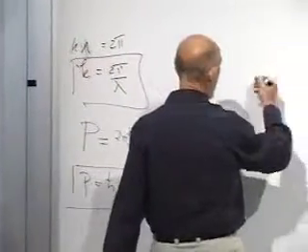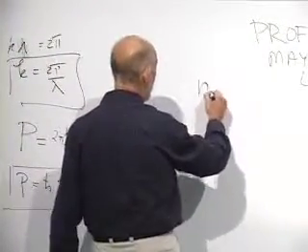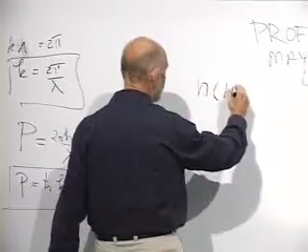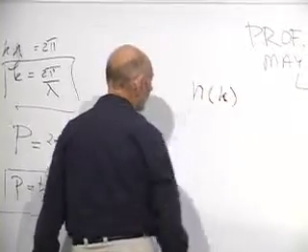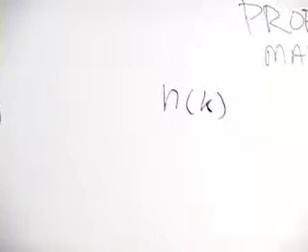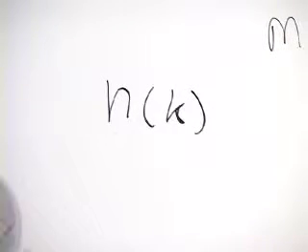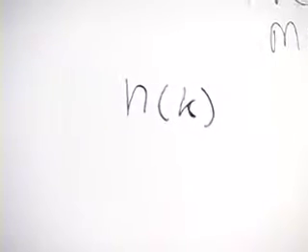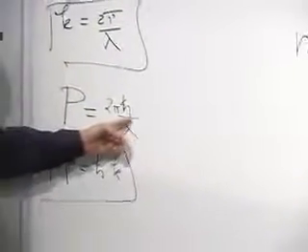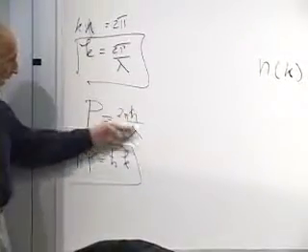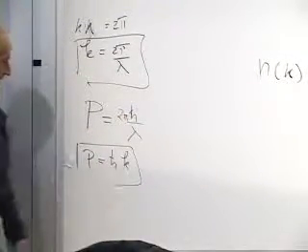So I could write n of k. This is a different n now. K is itself quantized, but n of k is the number of particles or quanta with wave number k, which in effect means with momentum p, but just remember that p and k happen to be related by h bar.